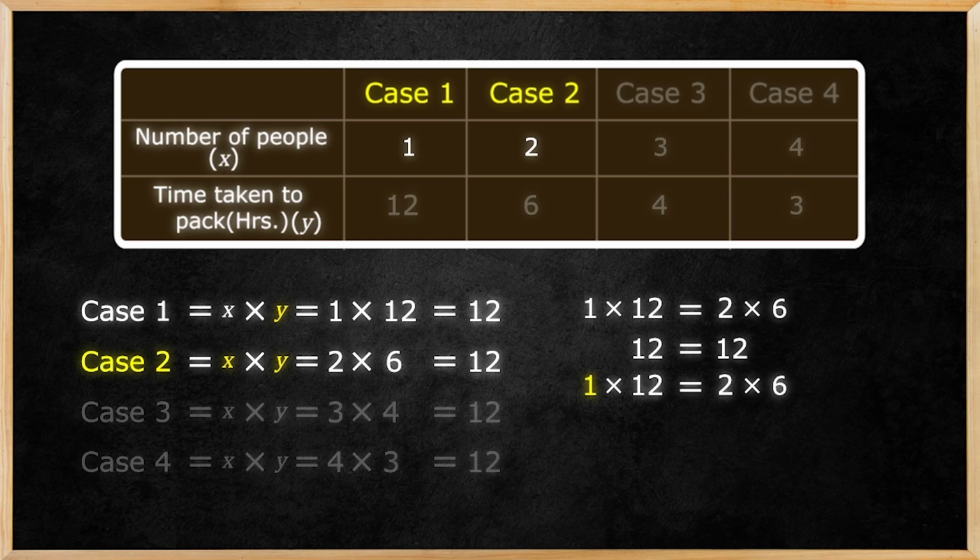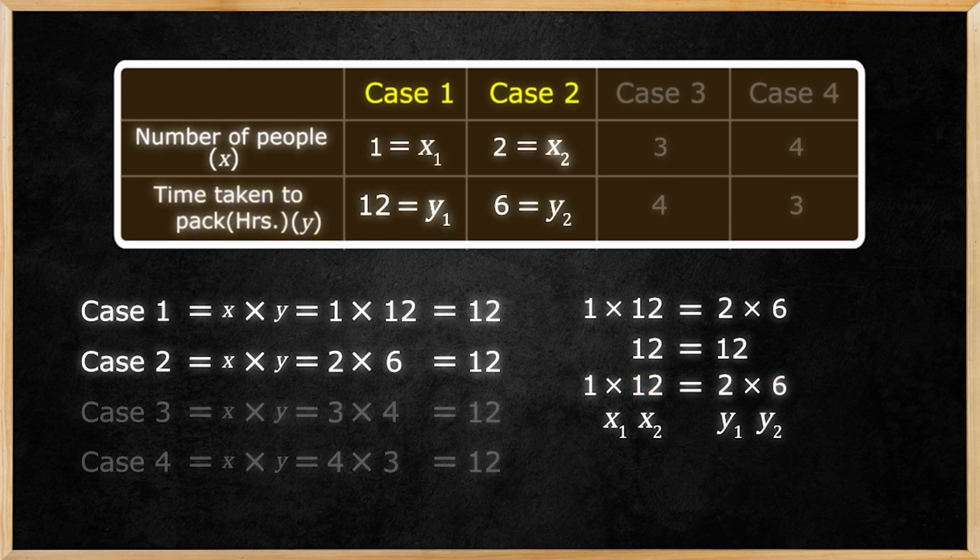1 and 2 are values of x in the first and the second cases. So, we can consider them as x1 and x2 respectively. Similarly, 12 and 6 are the corresponding values of y in both the cases. So, we can consider them as y1 and y2 respectively.